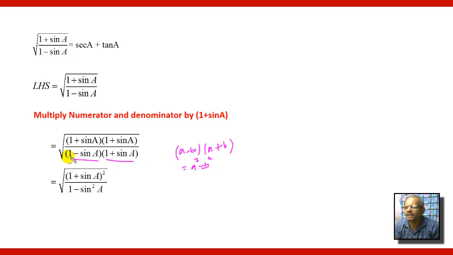So here A is 1 and B is sine A. So A minus B will be 1 minus sine A, and A plus B will be 1 plus sine A. So that is equal to A square minus B square, that is 1 square is 1, minus B square is sine square A, and so it will be 1 minus sine square A.